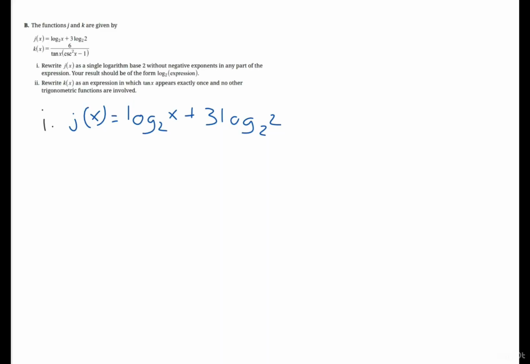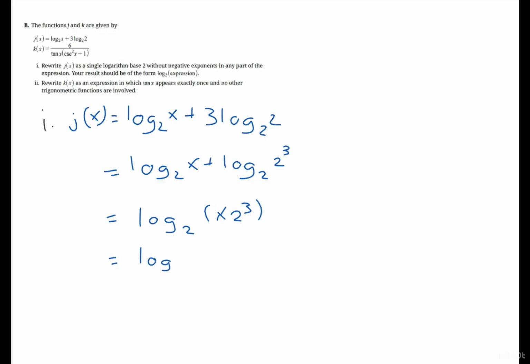Use the power rule. So we have log base 2 of x plus log base 2 of 2 to the power 3, which means according to the product rule, we have log base 2 of x times 2 to the power 3, which gives me log base 2 of 8x.